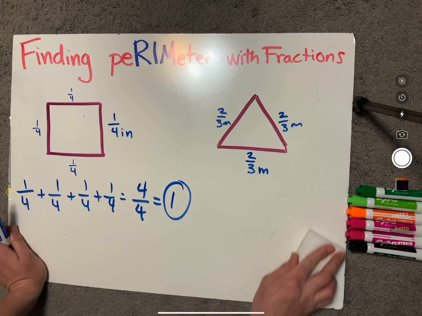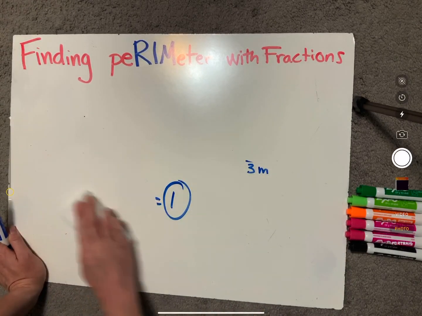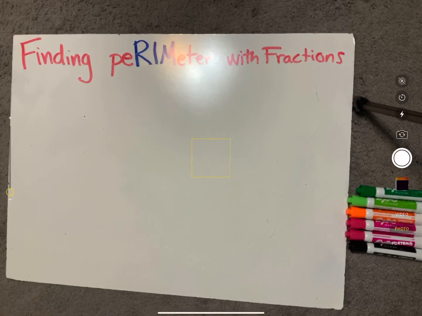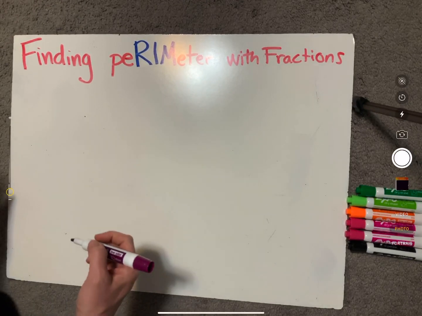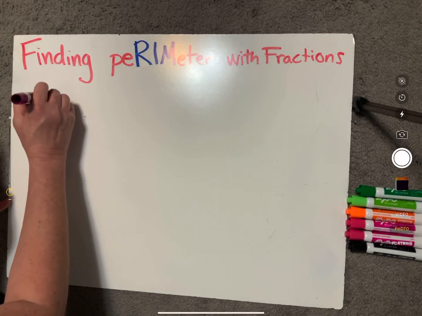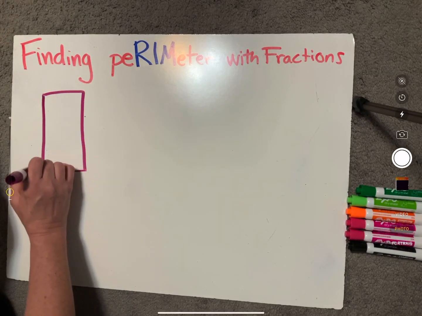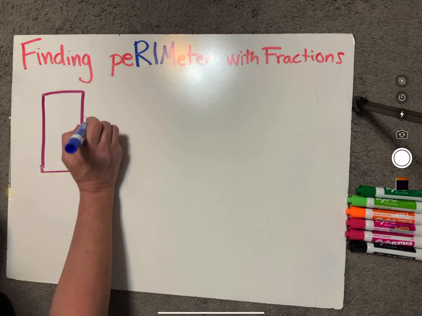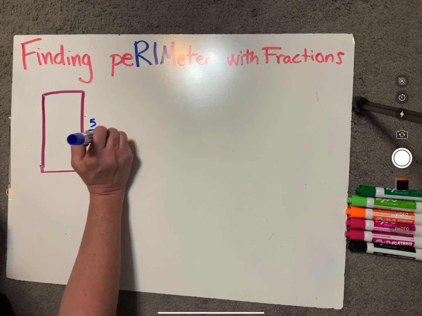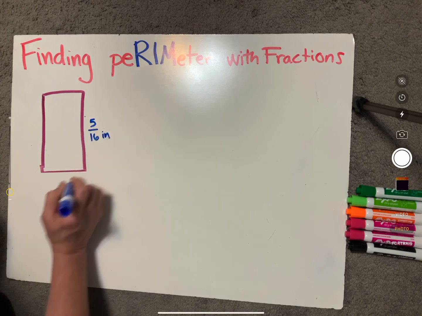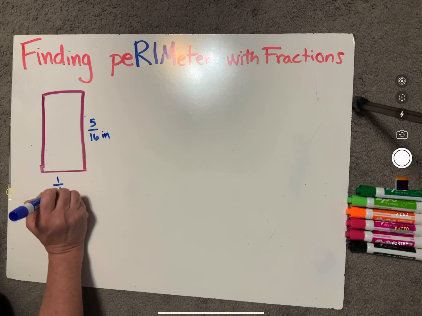Now, not all shapes out there are going to have equal length sides, so let's do a couple that don't. So let's say, for example, I have a rectangle that has one side that is 5/16, let's do inches, and one side that is 1/4 inches.